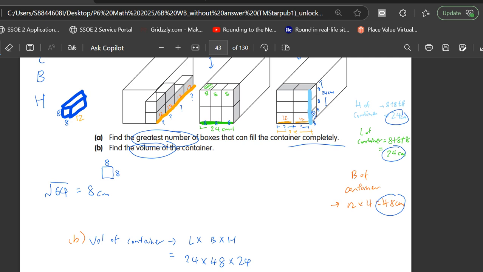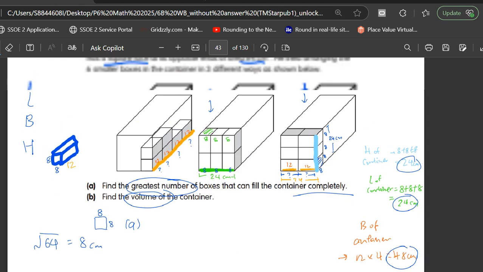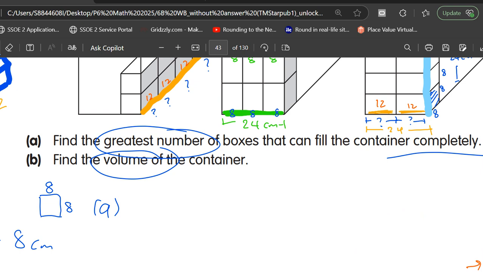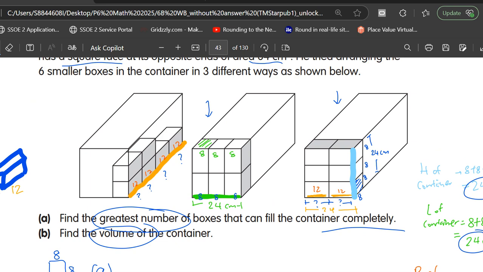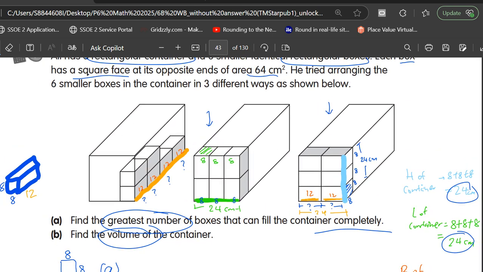Now going back to question A, I'm looking at finding out the number of smaller boxes that can go into the container. I will focus on the second diagram here, because it offers a good look on stacking the boxes.